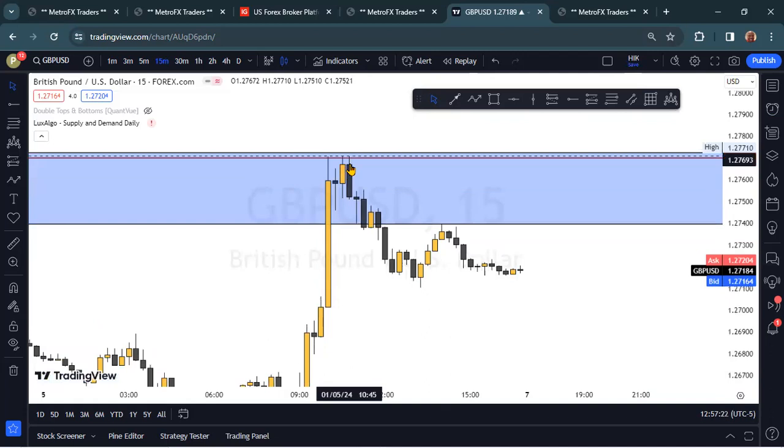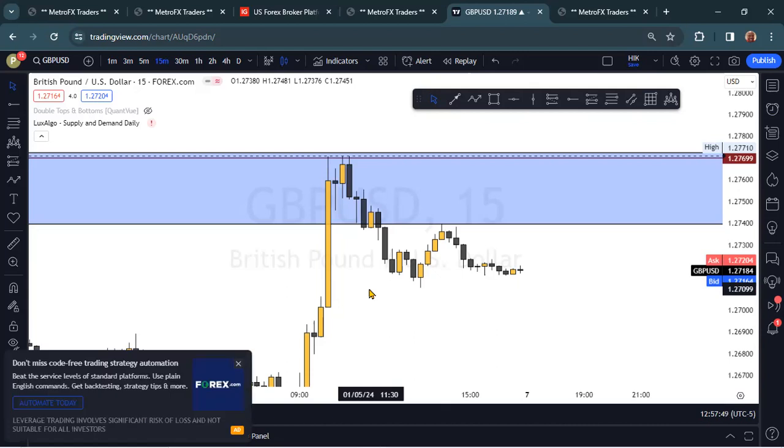You'd be looking for this candle here, a bearish engulfing candle, which is a candle bigger than the candle before it. That's an indication that it's going to trade lower, which it did. So put that in your trading plan. Once it gets to that level, look for a bearish engulfing candle. You don't see one, you don't take the trade.